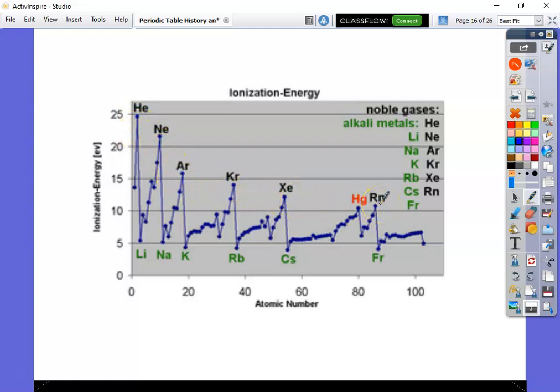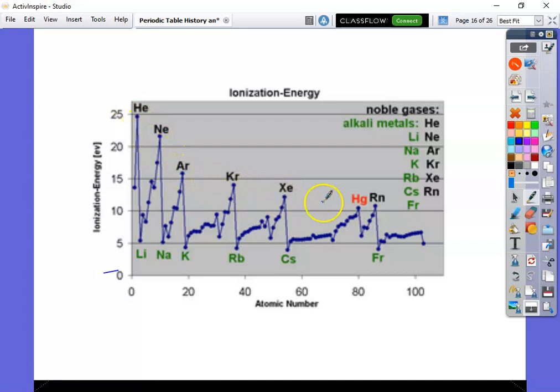Now, if you think about what you know about noble gases, hopefully what comes to mind is that they're non-reactive. And so when we're talking about the energy needed to remove an electron from an atom, it shouldn't be surprising that here on our y-axis, where we're looking at the amount of ionization energy, the noble gases are way up on that y-axis.